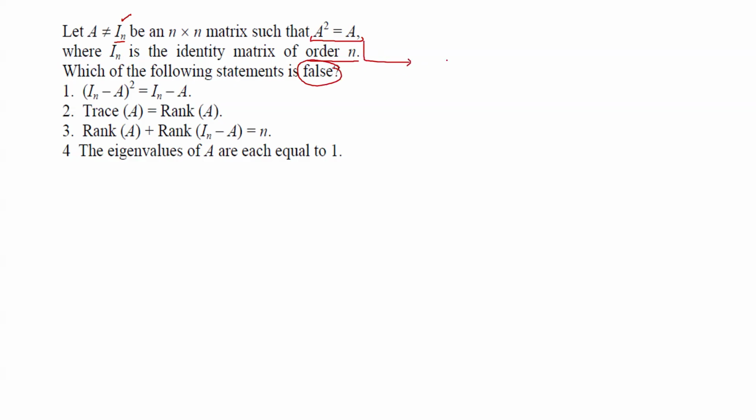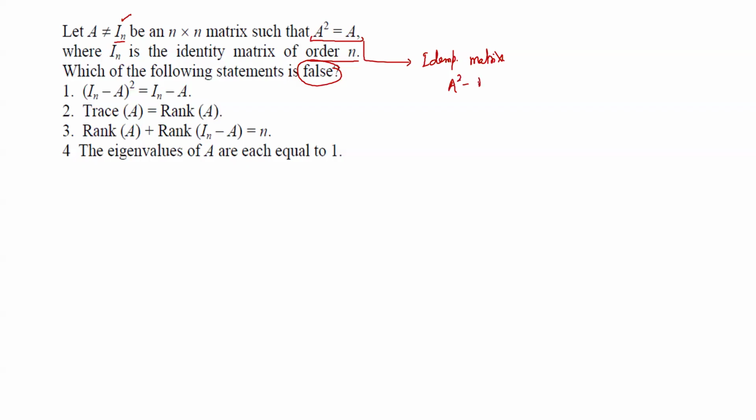So when it is written that A square equals A, we come to know that this is a matrix known as idempotent matrix. A matrix such that A square equals A is called an idempotent matrix, and as a result we know that the eigenvalues of an idempotent matrix are either 0 or 1. How?